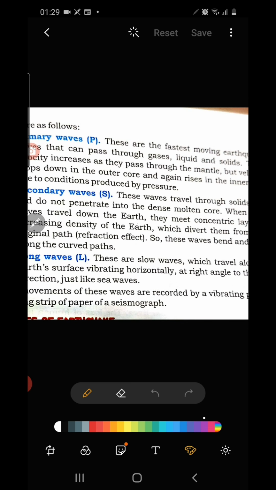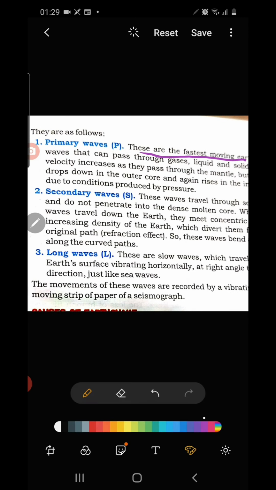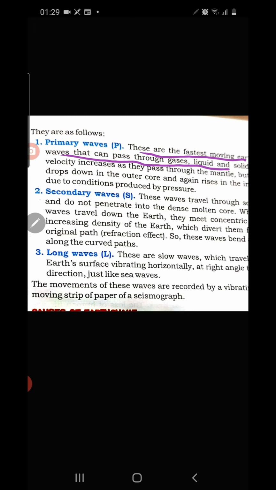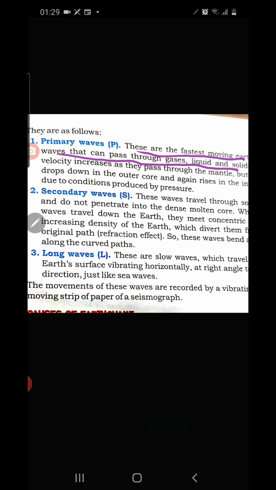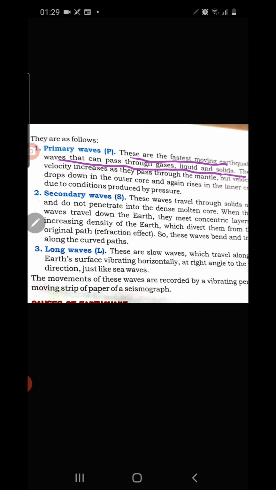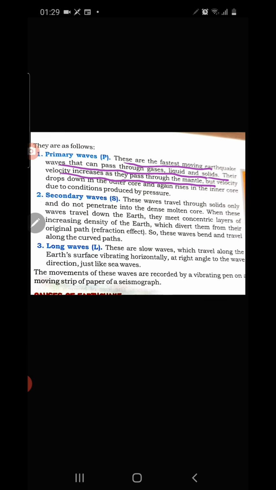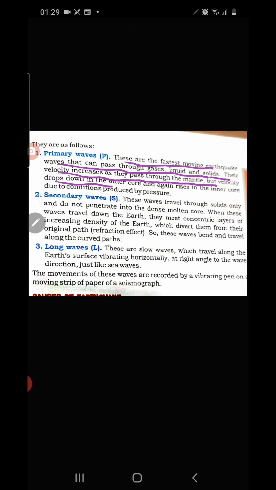So what is it? P waves. P waves are the fastest moving earthquake waves. They can pass through gases, liquid and solid. Remember, they can pass through all three. Their velocity increases as they pass through the mantle, but the velocity drops down in the outer core.